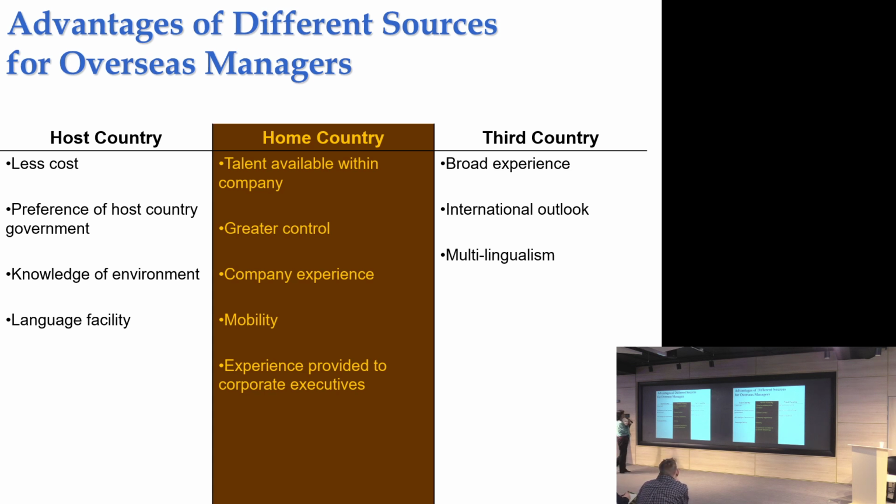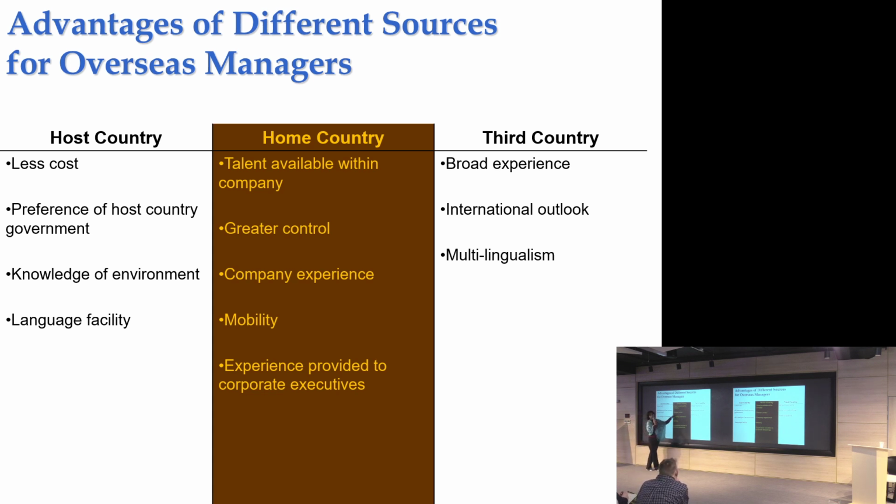And if you go, however, with a Russian coming from Russia going to Germany, the benefit, of course, is that I don't need to train them. They're already in my company. They already know the way we do business and the culture of the company.